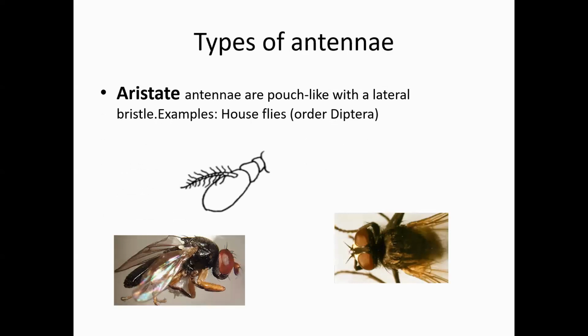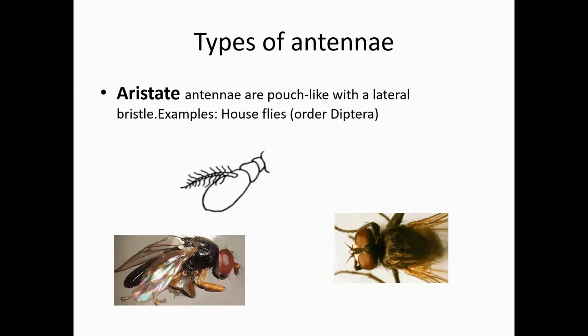This is the aristate type. Here the antenna is a pouch-like structure. Mainly the flagellar segment is pouch-like, and it bears a lateral bristle, which is observed in house flies of the order Diptera.